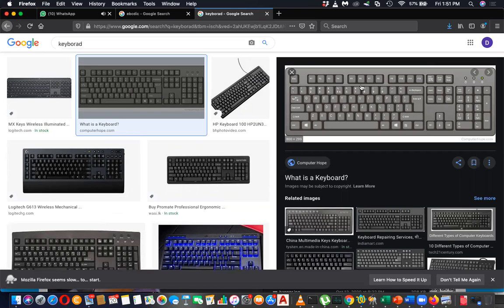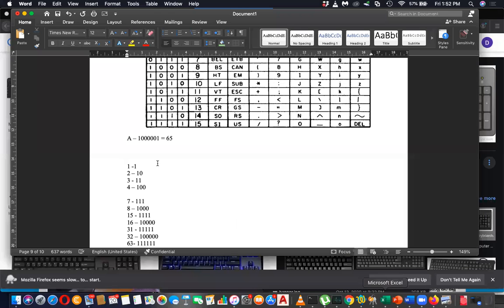When you're using a laptop or computer, press Alt and 65 from this side, and that will print. You can try this in your computer also. Alt plus 65 is letter A.